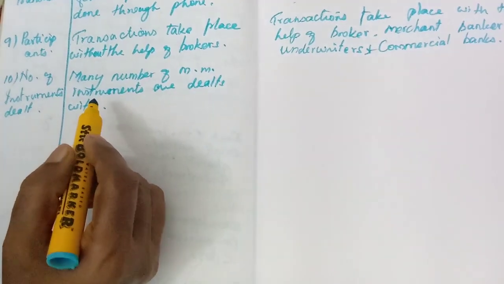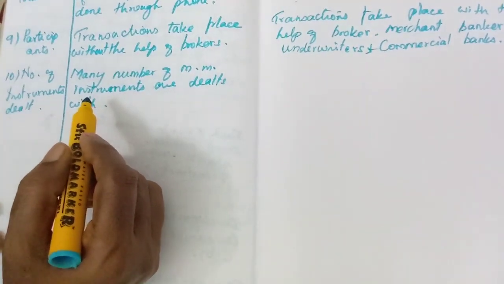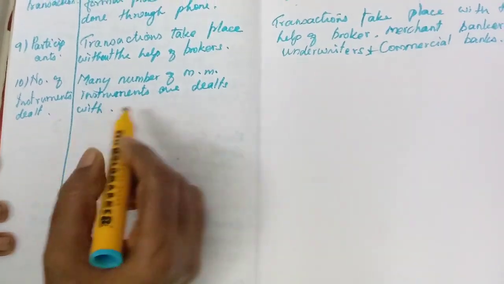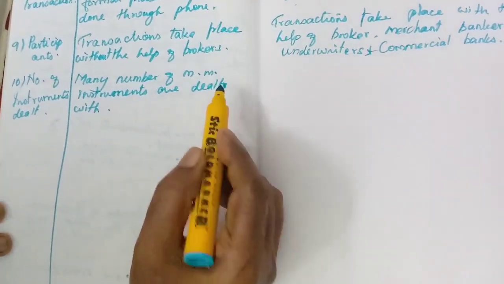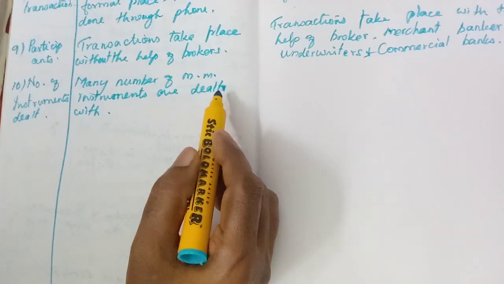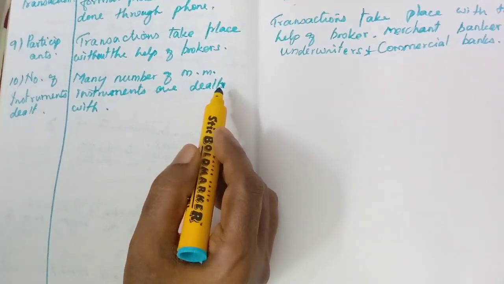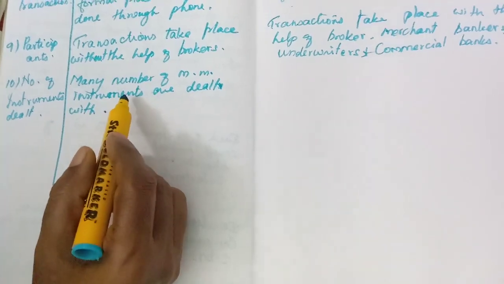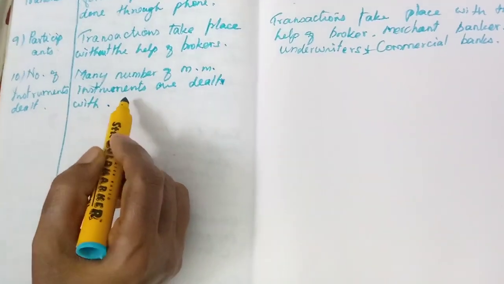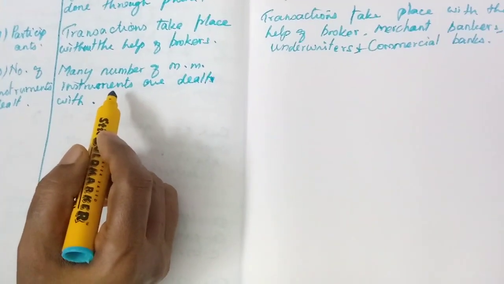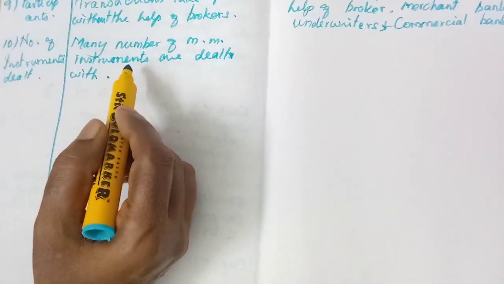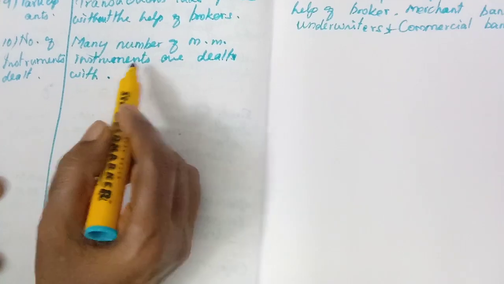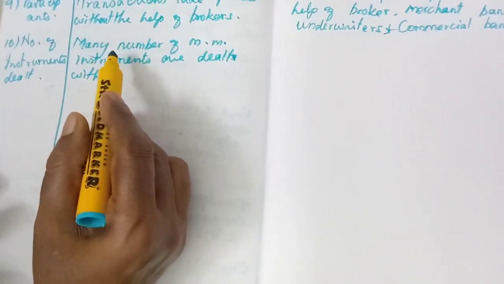You will study these in kinds of market. Interbank, call money, notice money, many instruments are there. Understand? 91 days treasury bill, then 182 days, 365 days. Many money market instruments are dealt with in the money market.